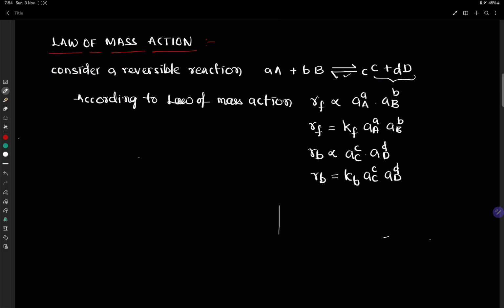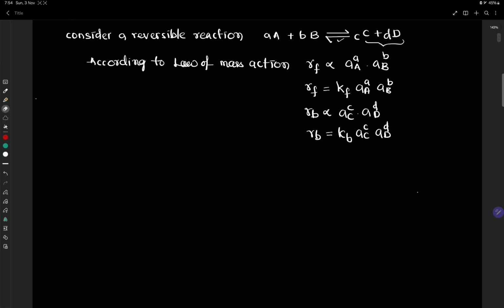But at equilibrium state, the rate of forward reaction is equal to the rate of backward reaction.